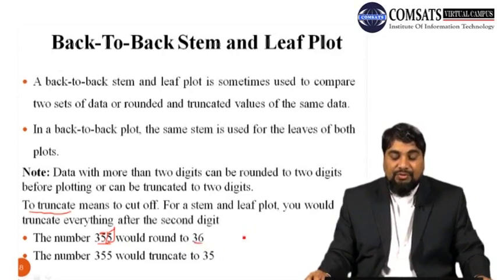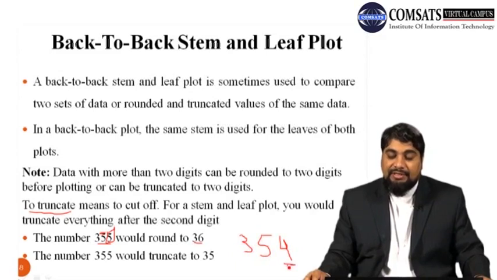And similarly, suppose we have 354. In this number we can see that this digit is not greater than or equal to 5. So this number will be rounded to 35. It means if the digit is either equal to 5 or greater than 5, then the previous digit will be increased by 1 unit.